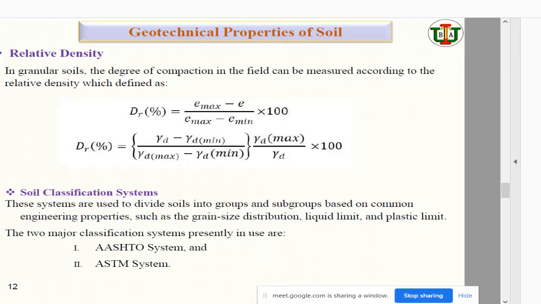Okay, but here they are considering the relative density. So comparing any material with other materials, we have to compare first with others. They have to relate. I think they're comparing the soil before and after compaction.